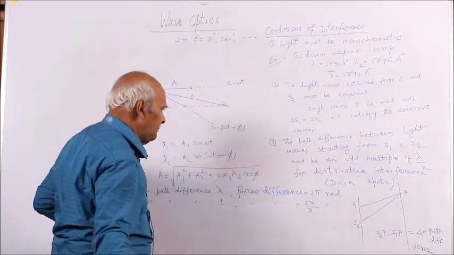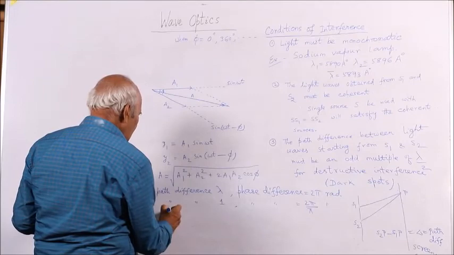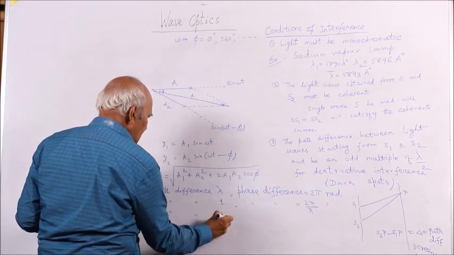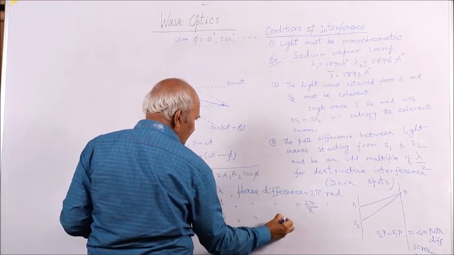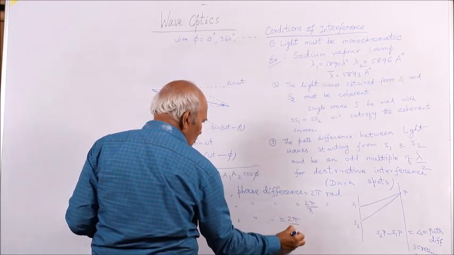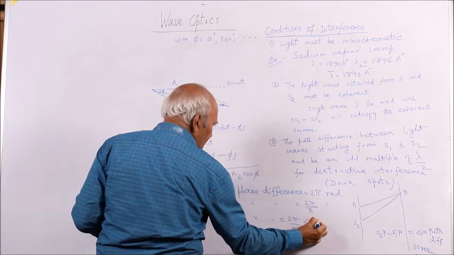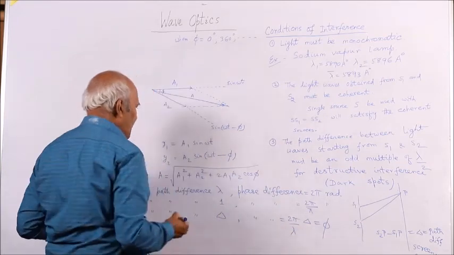Then for path difference delta, that is S2P minus S1P, the phase difference is 2 pi by lambda times delta, and that is phi.